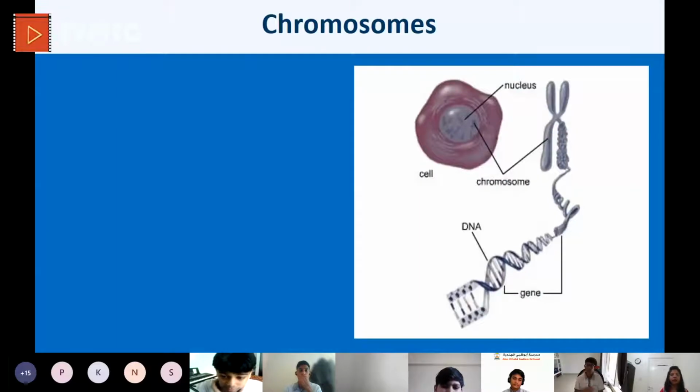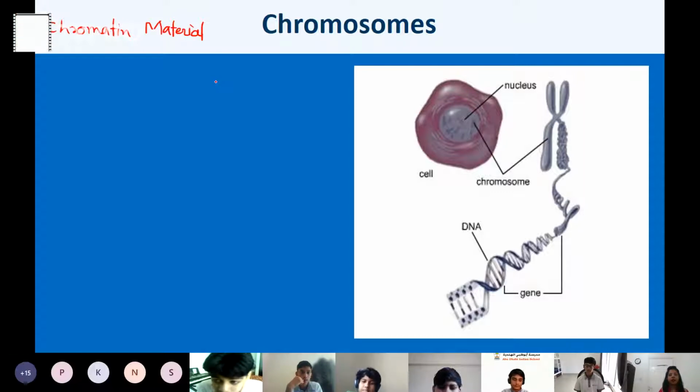Now I'm going to the next part, that is chromosome. Do you think there is any relationship between chromatin material and chromosome? Yes. What's the relationship? Anything related to DNA?